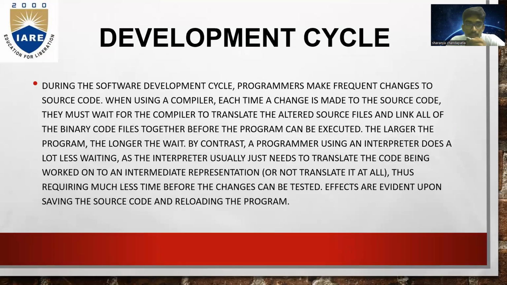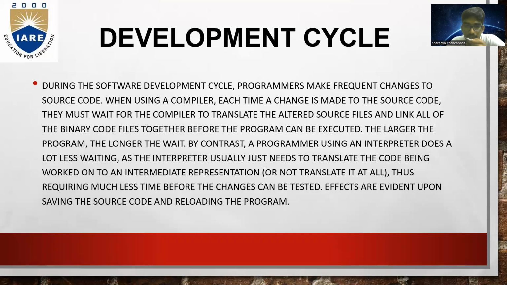Development cycle. During the software development cycle, programmers make frequent changes to source code. When using a compiler, each time a change is made to the source code, they must wait for the compiler to translate the altered source files and link all of the binary code files together before the program can be executed. The larger the program, the longer the wait.